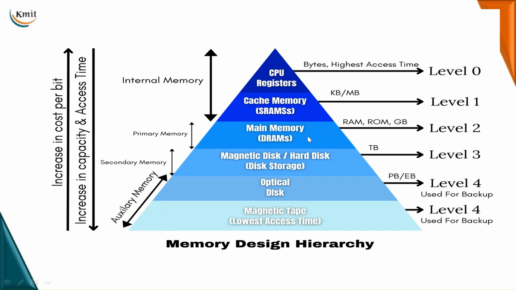Next comes your main memory, and the access time of your hard disk is large compared to your main memory. And finally, accessing auxiliary storage devices like optical discs and magnetic tapes, the access time is very large compared to the access time of your CPU registers.